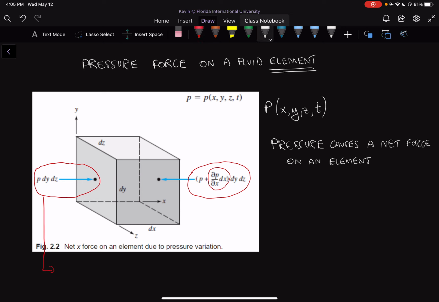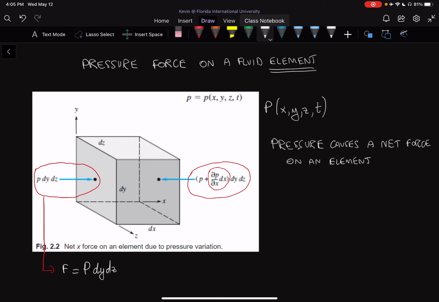If we sum the forces on the left side, the force on the left side would be equal to pressure times dy times dz. I'm going to use a capital P for pressure; the book uses a lower-case p.